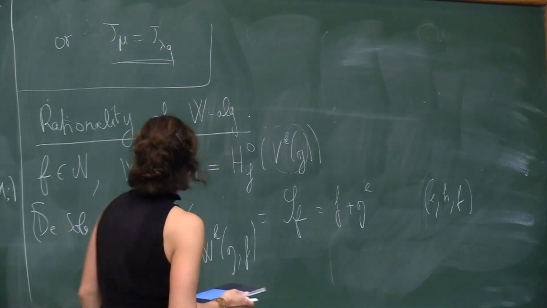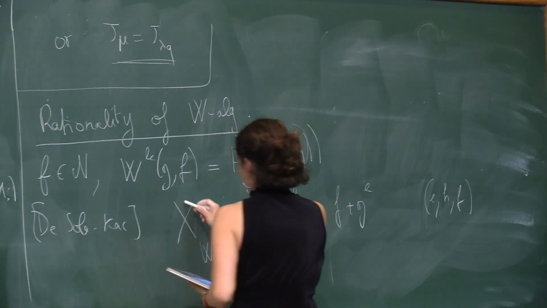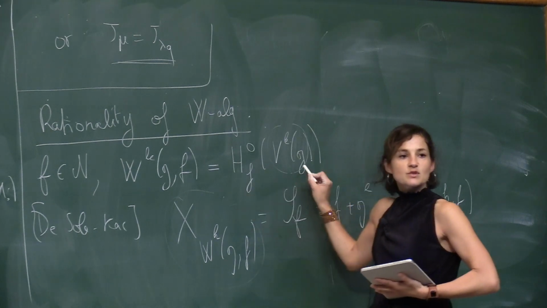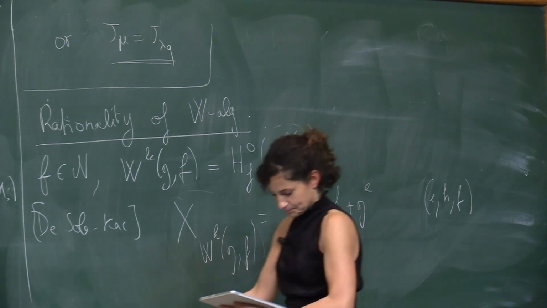All right? And so now what is nice is that the associated variety has a nice behavior with respect to BRST reduction.